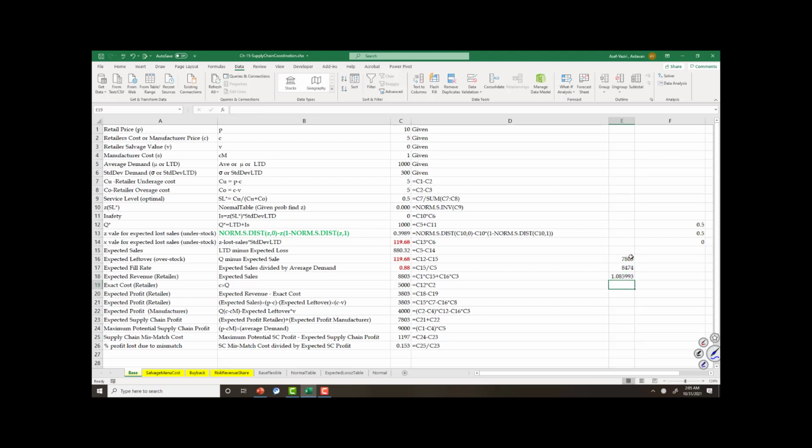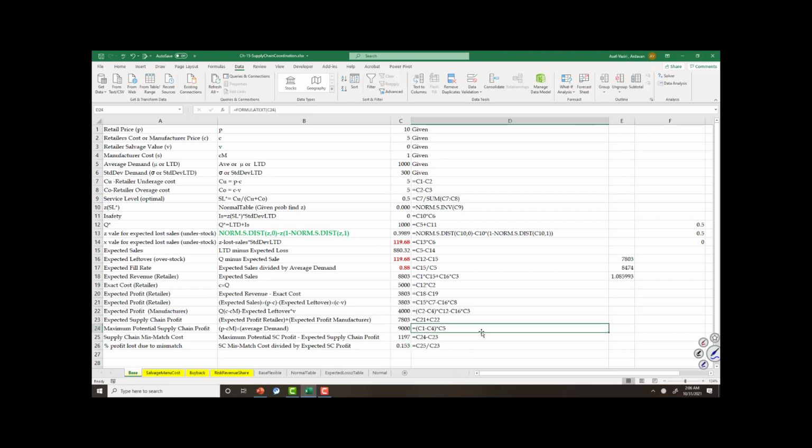That is an 8.5% improvement in profit. So 8.5% of it is for coordination. The whole gap was 15.3%. Therefore, 8.5% is through coordination. The rest is due to lack of perfect information.